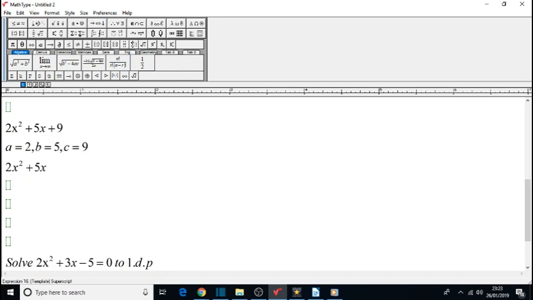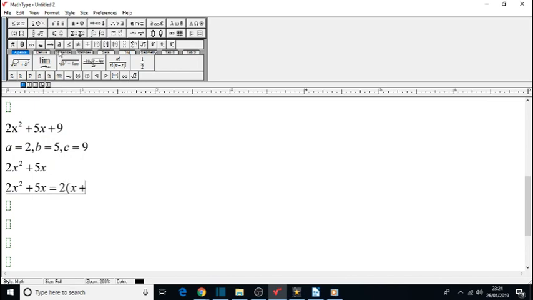So now, for our initial bracket, we take the factor out. We're going to write 2x squared plus 5x is equal to our initial bracket. So that'll be a open bracket x plus b over 2a, so a is equal to 2, so it'll be 2 open bracket x plus b over 2a, where b is 5 over 2 times 2.